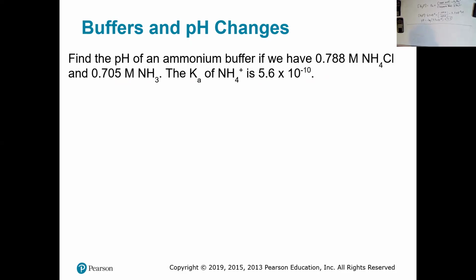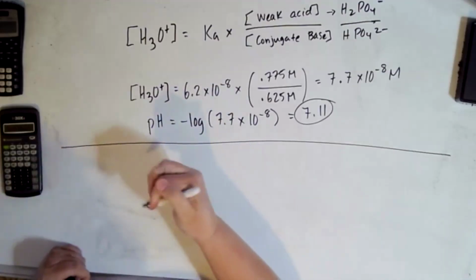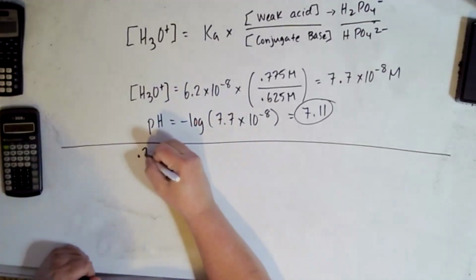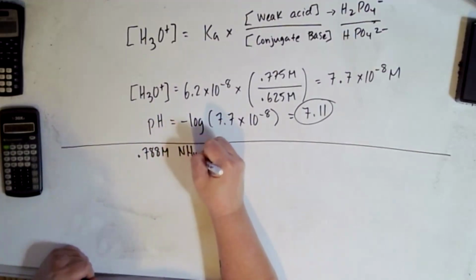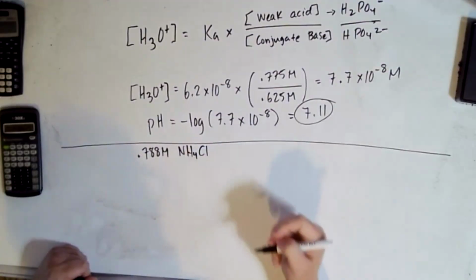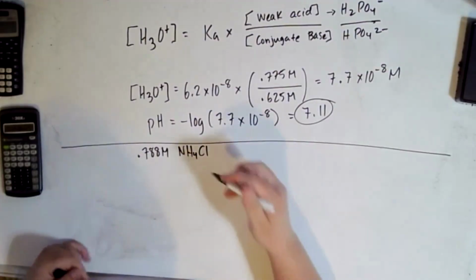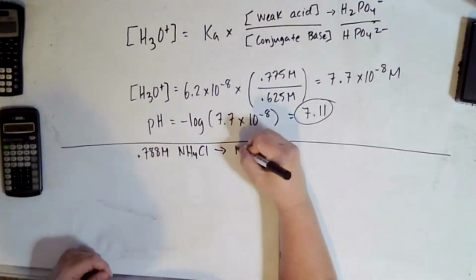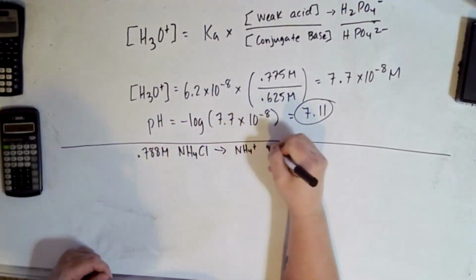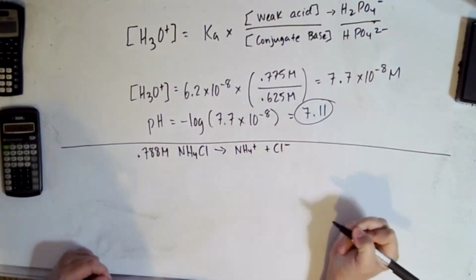Okay, so let's look at that information that they've given us. They're telling us that we have 0.778 molar NH4Cl. What happens when NH4Cl is in solution? It's going to break up into NH4 plus and Cl minus.